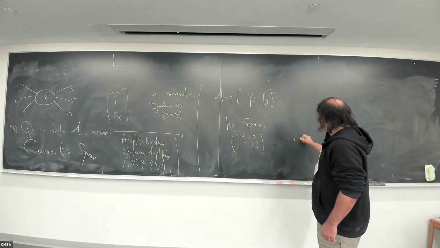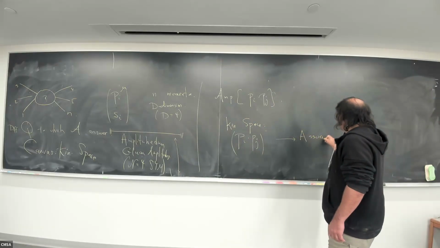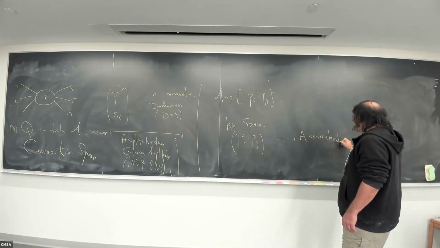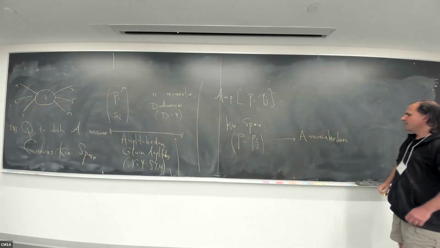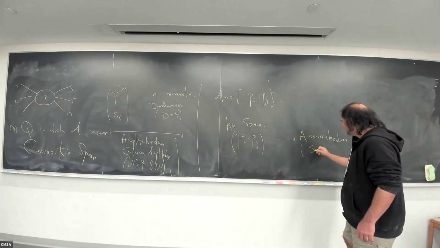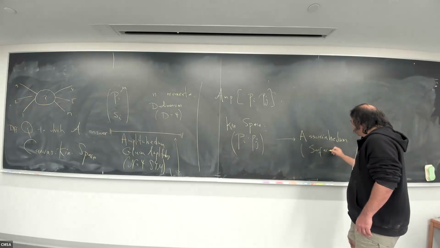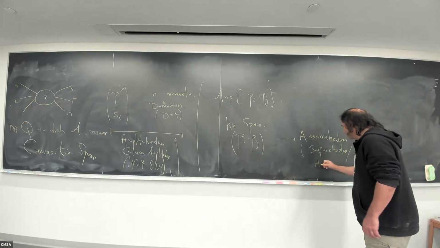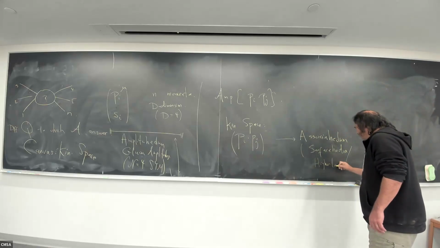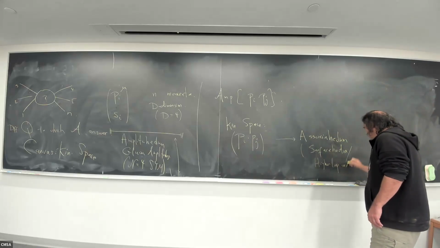So this is the story of the associahedron that lives in this kinematic space, in the space of the pi dot pj's, appropriately thought about. And it generalizes in an interesting way to all surfaces that's related to higher loop orders in the quantum field theory.